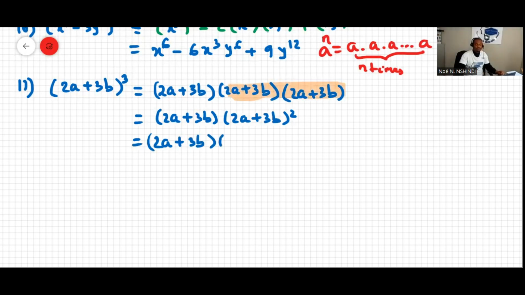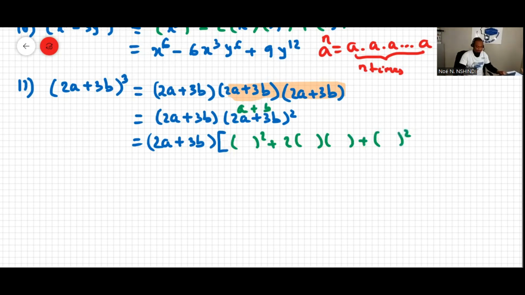Our formula will be then 2a plus 3b to the power of 2. I prefer to use square brackets here, because this is the form (a plus b) to the power of 2. Remember the formula says a squared plus 2ab plus b squared.